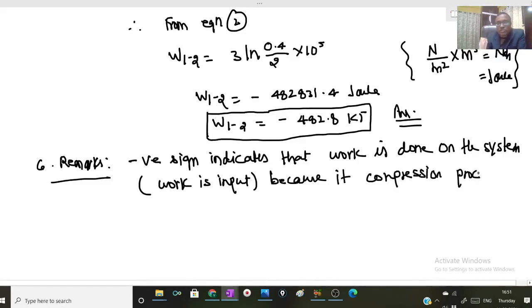So in a compression process, we have to do work on the system, or we have to give work input to the system. So this way you can solve this numerical.